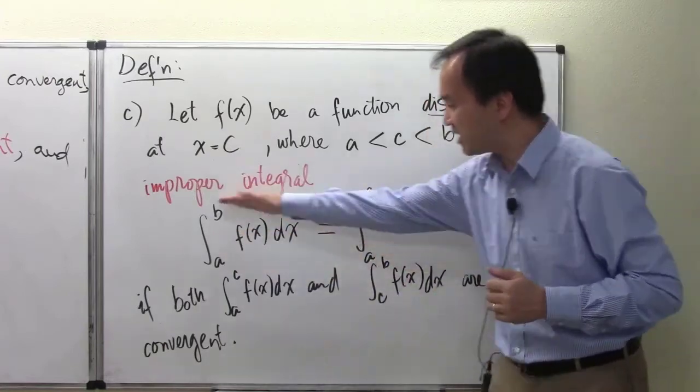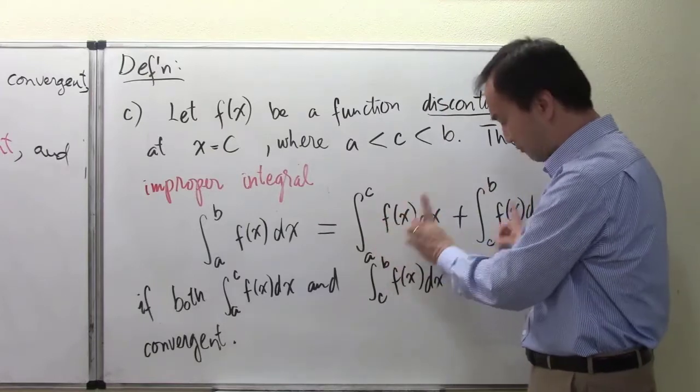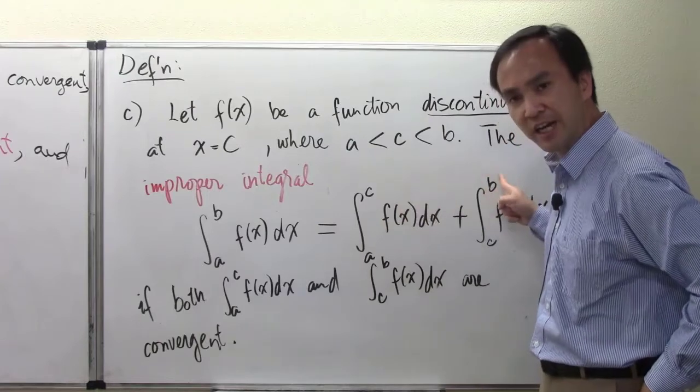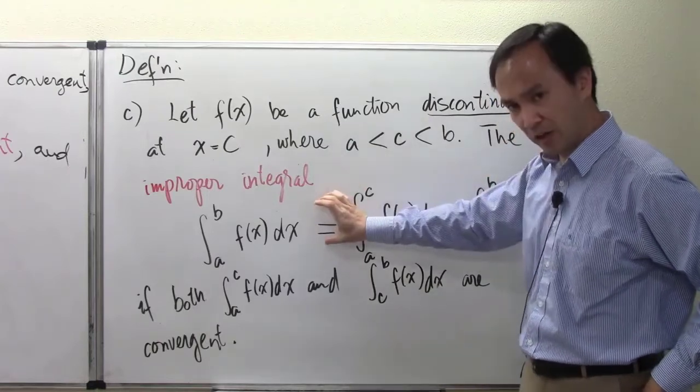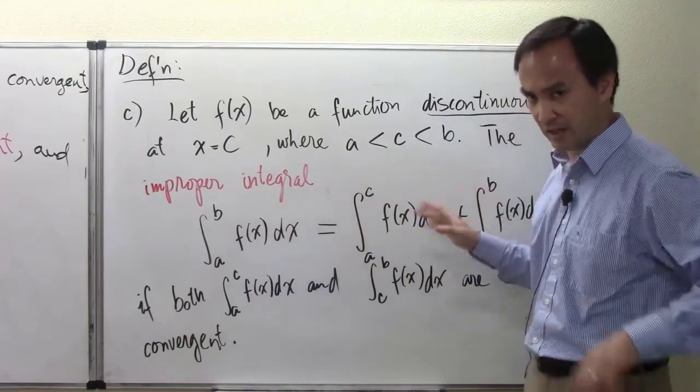Anytime we see this, it means we have to start out with two, I have to emphasize that, two separate improper integrals. That's what the equality means. It doesn't always mean this equals that in the usual sense.